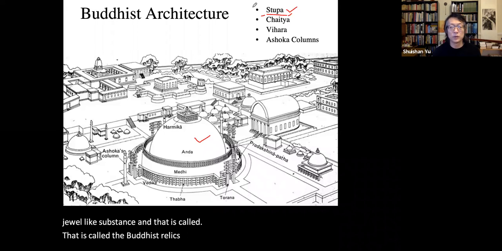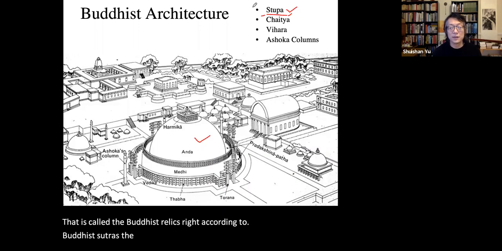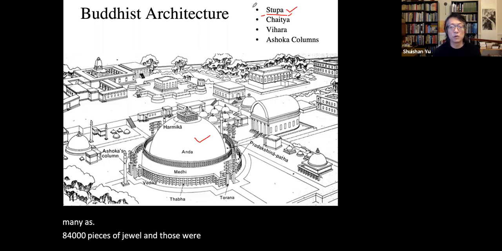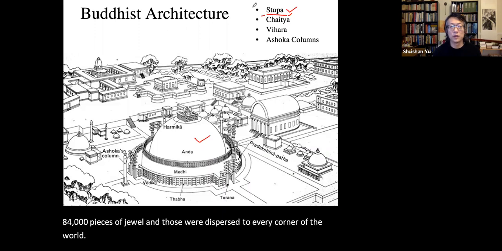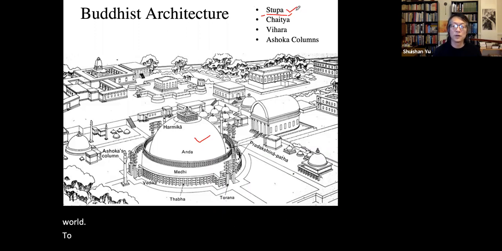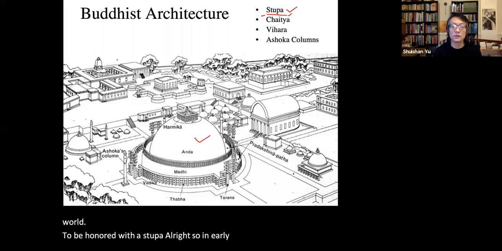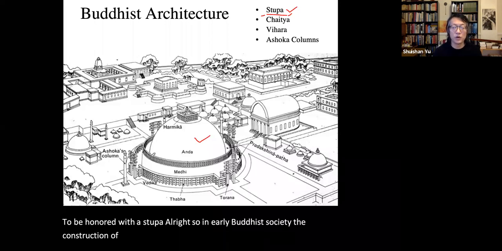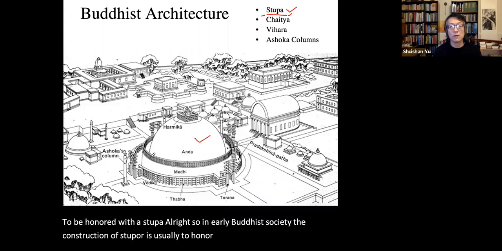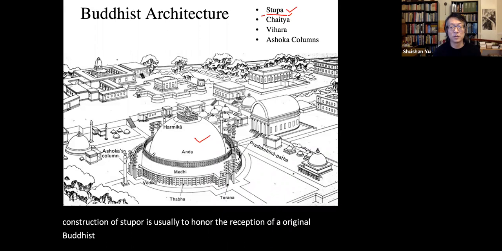According to Buddhist sutras, the cremation of Shakyamuni Buddha created as many as 84,000 pieces of jewel, and those were dispersed to every corner of the world to be honored with a stupa. All right, so in early Buddhist society, the construction of a stupa is usually to honor the reception of an original Buddhist relic from the cremation of Buddha.